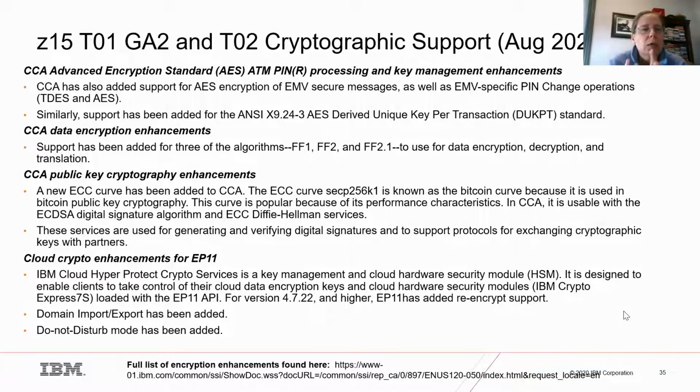Also, we have cloud crypto enhancements for EP11, and if you're a user of the IBM Cloud Hyper Protect crypto services and interested in key management, this will be something that's particularly interesting for you.